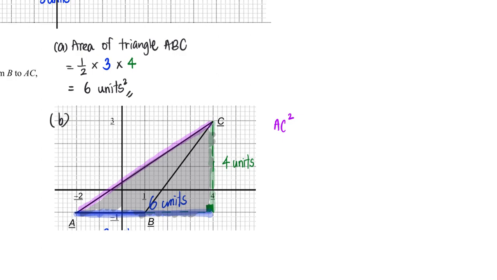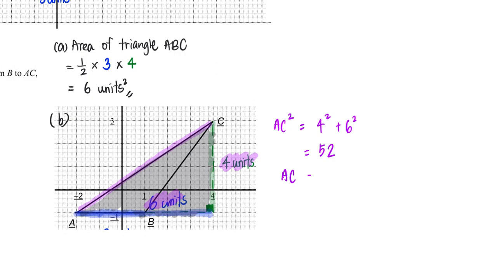And so AC square is simply equal to 4 square plus 6 square. So my AC square will be equal to 52.